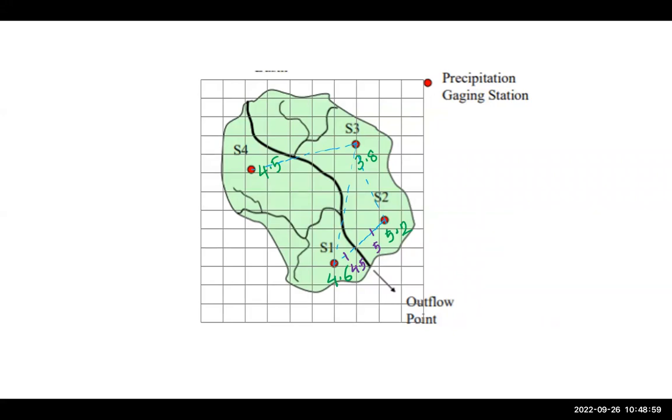In between 5.2 and 3.8, I tried to find where is 4, where is 4.5, where is 5. In between 3.8 and 5.2, you can measure that and you can find where.